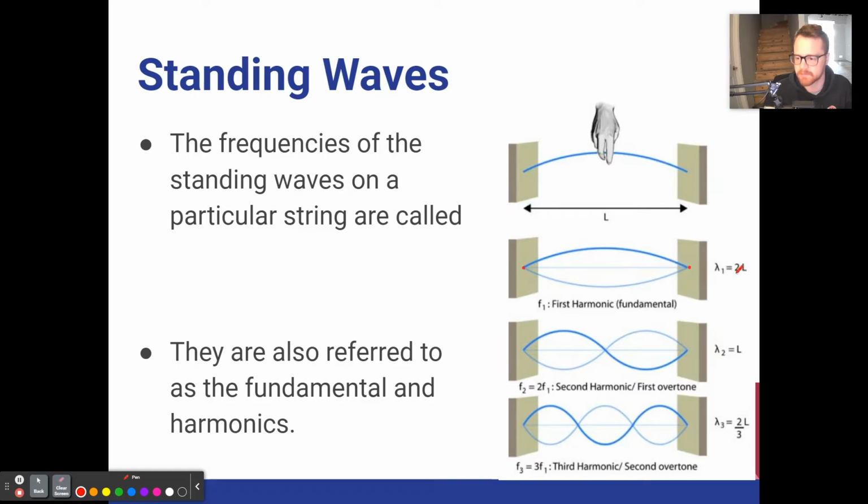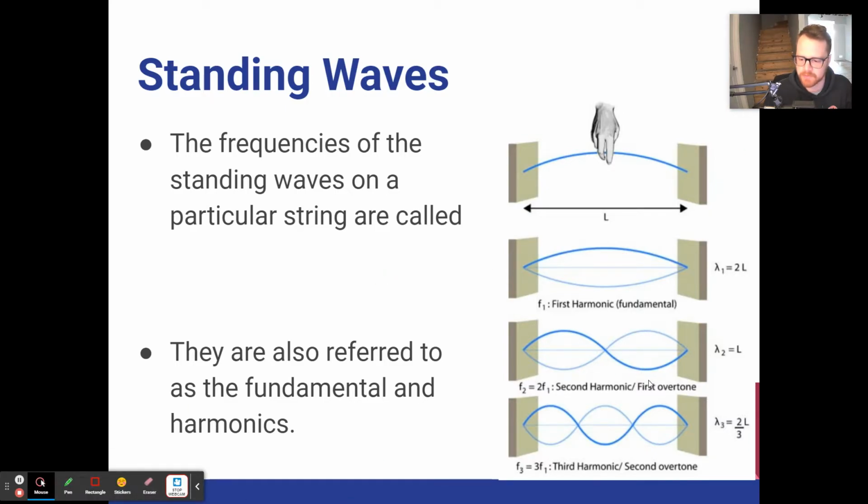We would need another half, another wave like this. Why? Because this is only half a wavelength. Here we would have a full wavelength if it continued like this. And really the distance from here to here is roughly about the same as from here to here, 2L, one full wavelength. Okay.